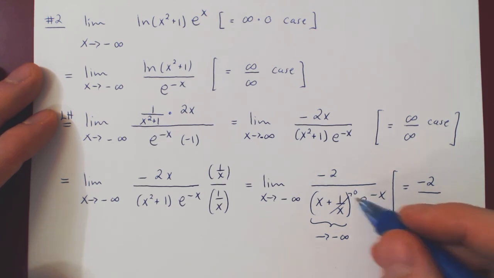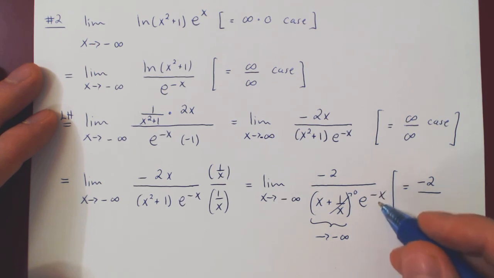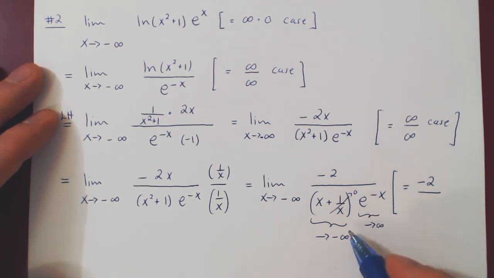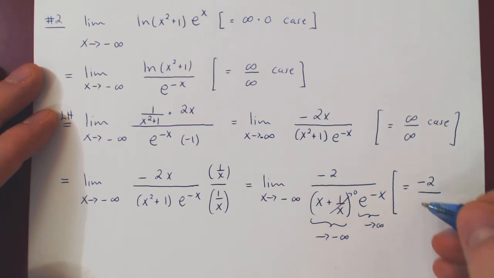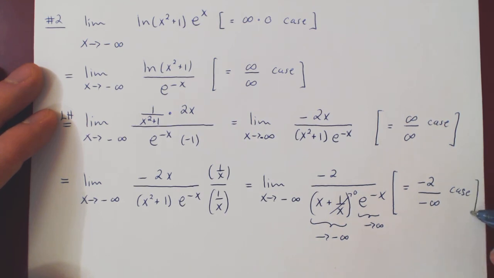And as x goes to negative infinity, negative x goes to positive infinity, e to the infinity is infinity. So we have here negative infinity times infinity is of course negative infinity. And the answer is obviously 0. A constant over something that is larger and larger and larger is shrinking to 0.